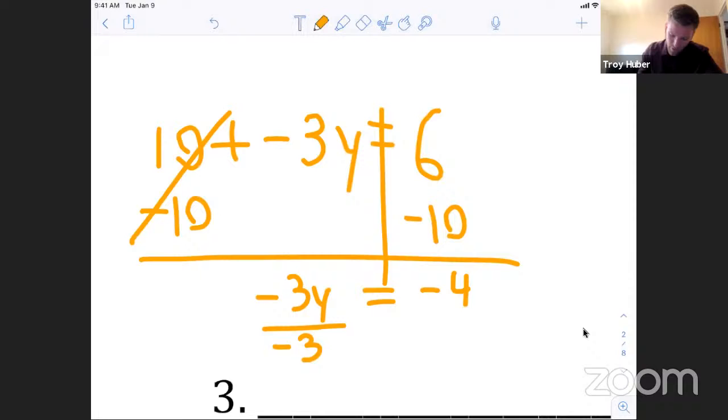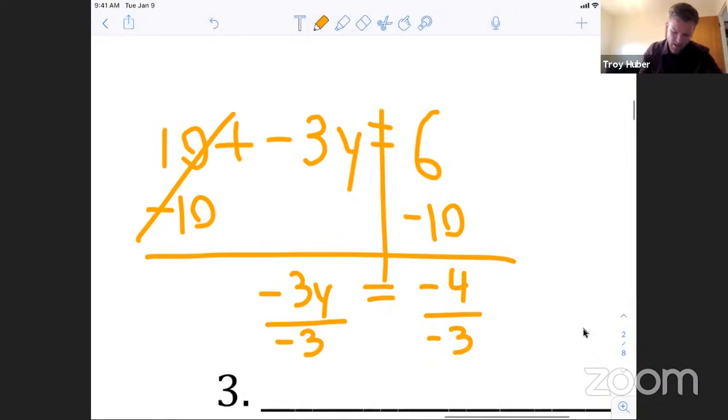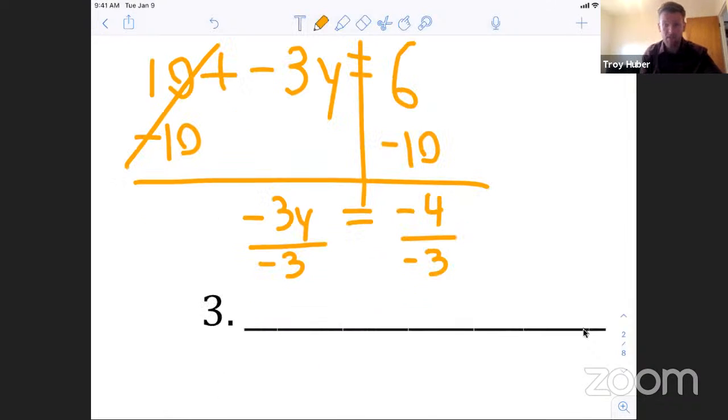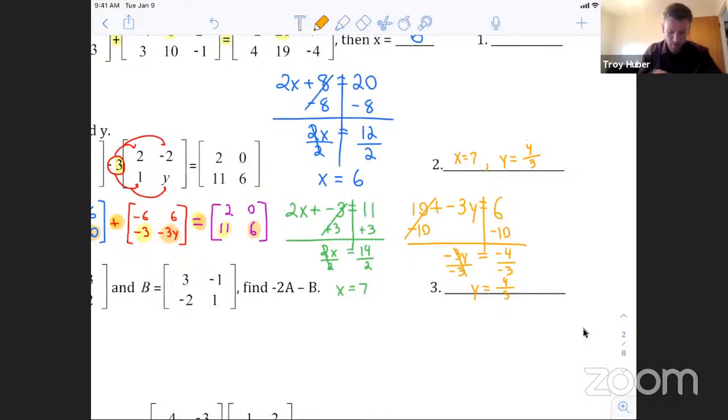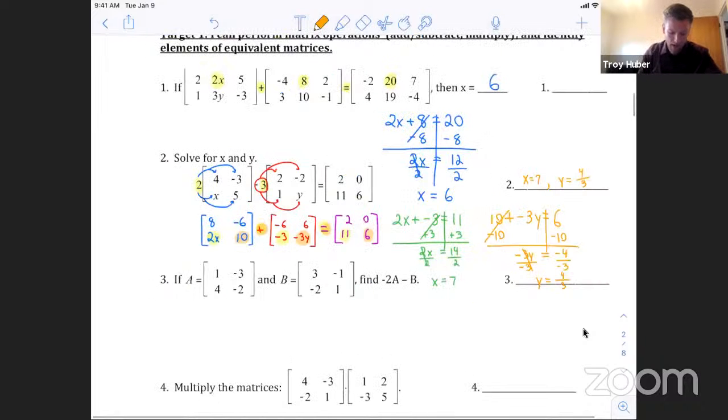Divide by -3 on each side. Ooh, we got a fraction on this one. That's kind of ugly. It's all right. Sometimes we get fractions. So I would get y is equal to -4 over -3, but a negative divided by a negative is really a positive. So I'm just going to write this as +4/3. So I have x equals 7, y equals 4/3. All righty. So those first two, not that bad.